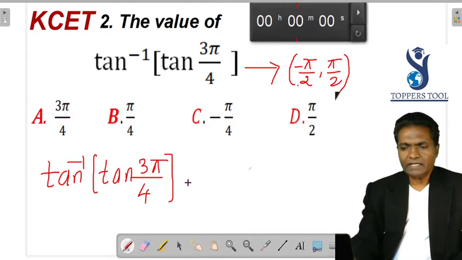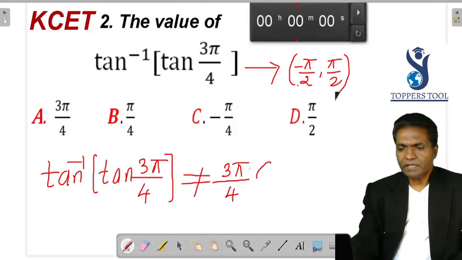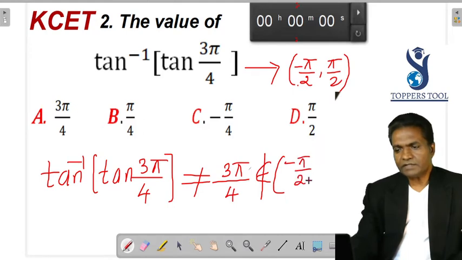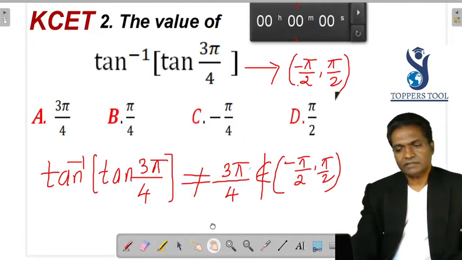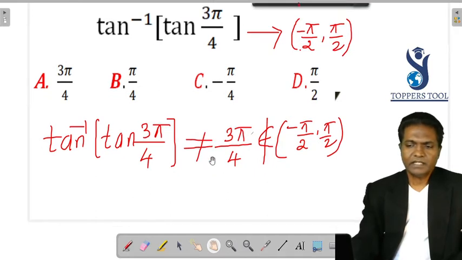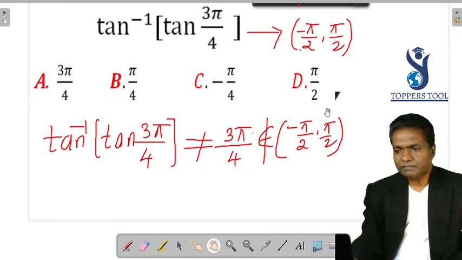You don't write 3 pi by 4 directly because 3 pi by 4 does not belong to the principal branch of tan inverse. 3 pi by 4 is more than 90 degrees, so that is why it does not belong to this branch.